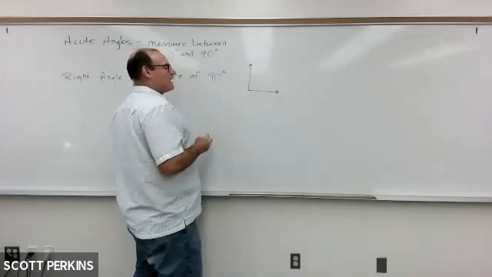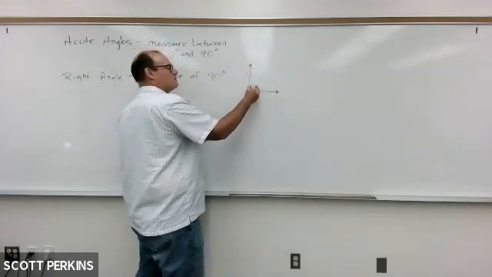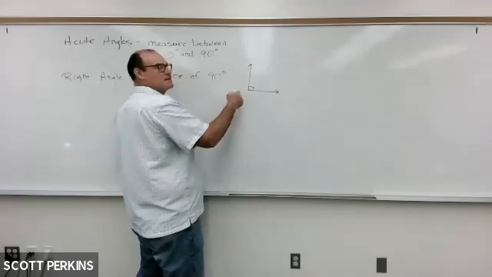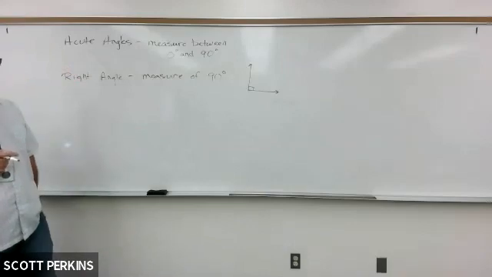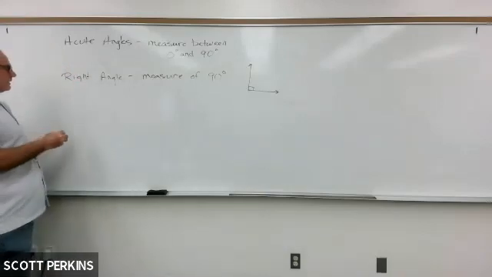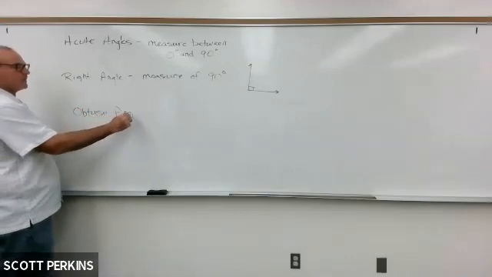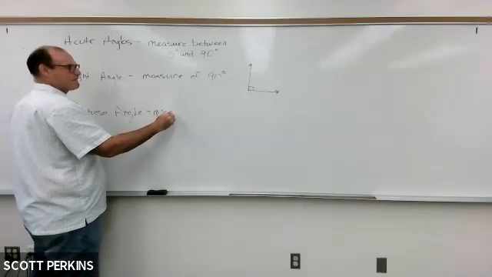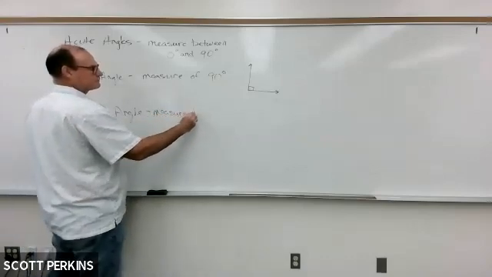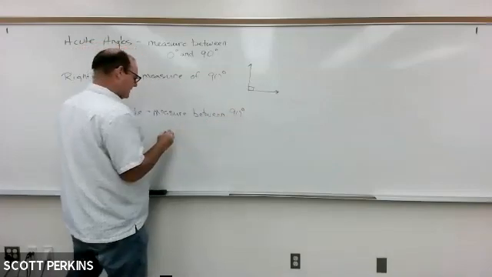The way it commonly gets notated is, if you have a right angle, a 90 degree angle, they'll put a little square in there just to let you know that that's 90 degrees. So in case you see that notation, that's giving you some useful information. Obtuse. An obtuse angle has a measure between 90 and 180.